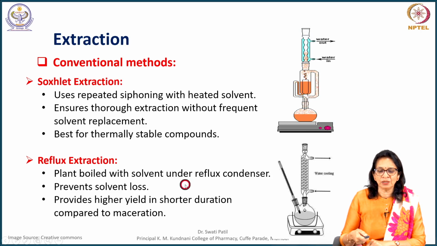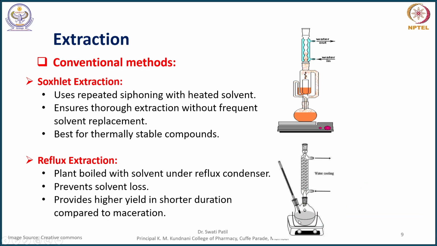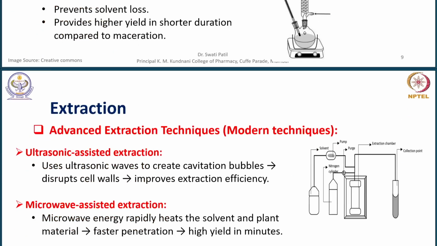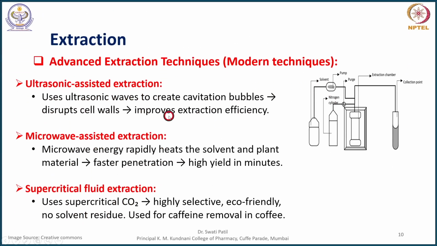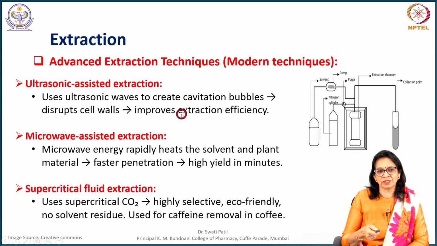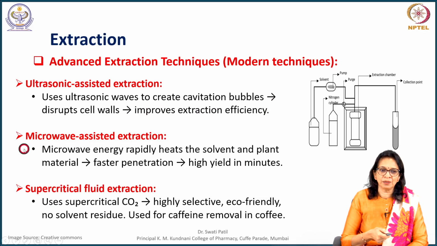Reflux extraction is to prevent solvent loss in continuous hot extraction, but here the solvent remains in touch with the same amount of drug. Ultrasonic assisted extraction uses ultrasonic waves to disrupt the cell walls and it improves the extraction efficiency.